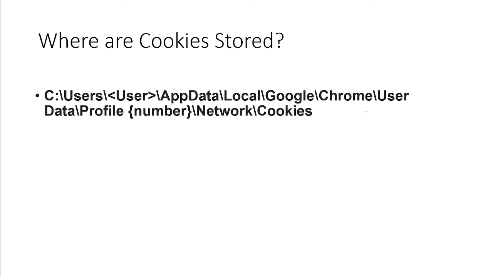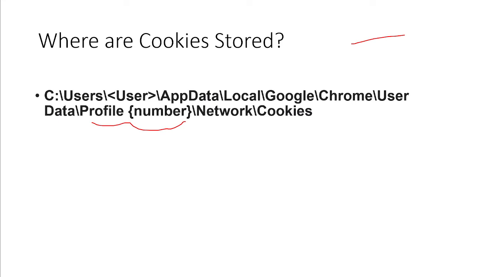Where are cookies stored? As you can see, this is the path for Windows, Chrome. Chrome stores cookies on this path, and as you can see there is a profile number. The new version of Chrome uses different profiles, and if you have multiple profiles, you should select your profile.